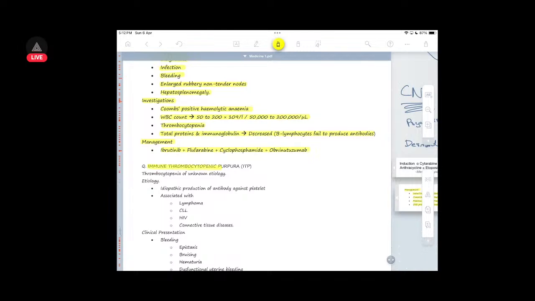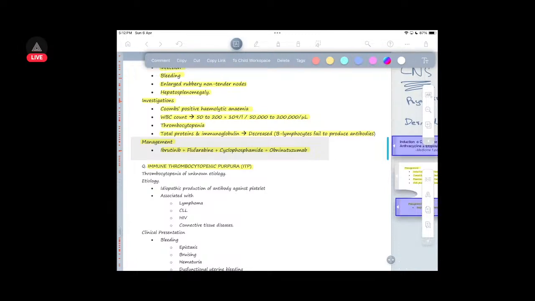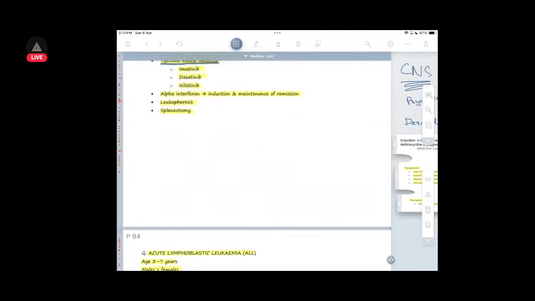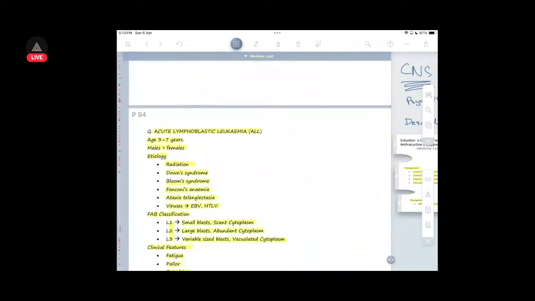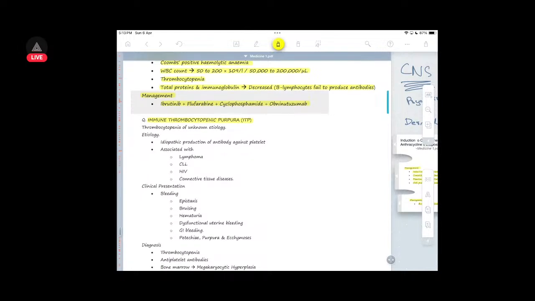Then you have immune thrombocytopenic purpura, ITP, or idiopathic thrombocytopenic purpura.